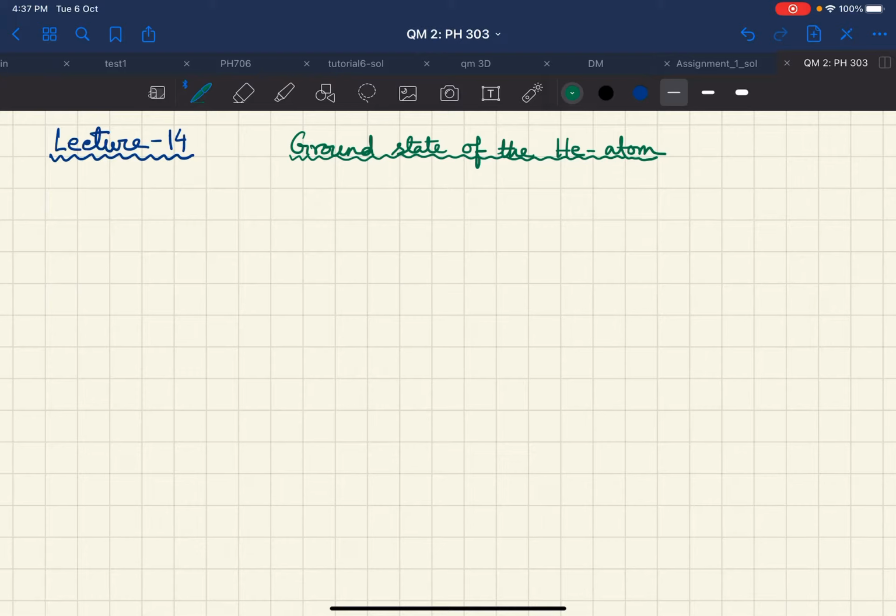And to our surprise, we will see that the variational method gives a much better estimate of the ground state energy of the helium atom compared to the first order perturbation theory result.